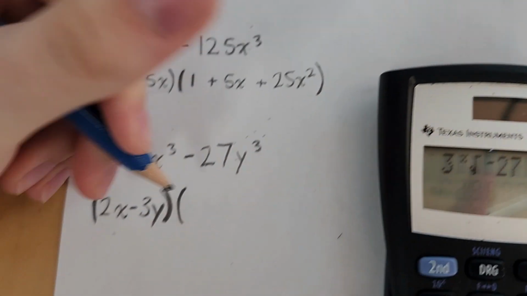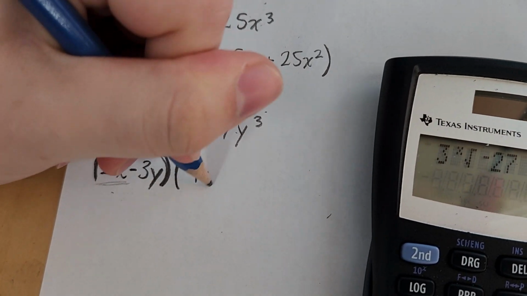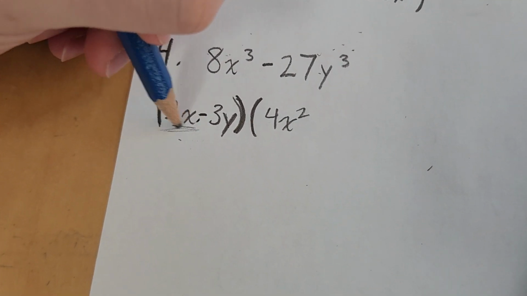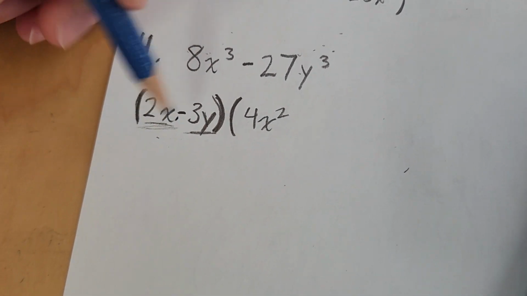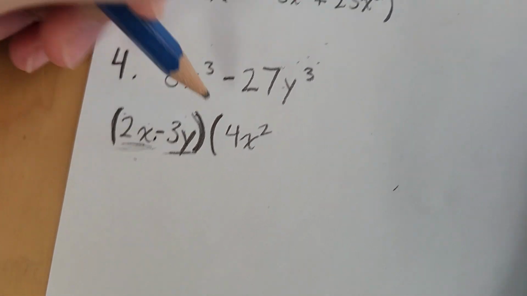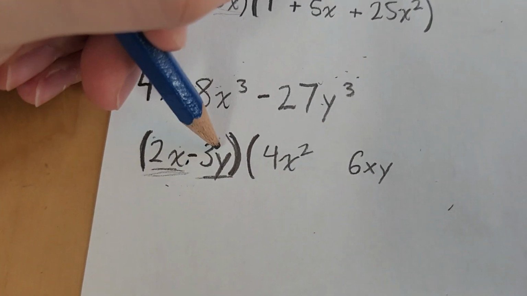And then our second bracket is going to be 2x squared, which is 4x squared. All right, and then first term times second term, disregarding signs. So 2 times 3 is 6, and then x times y is xy. So 6xy. And then the second term squared, which just gets us 9y squared.